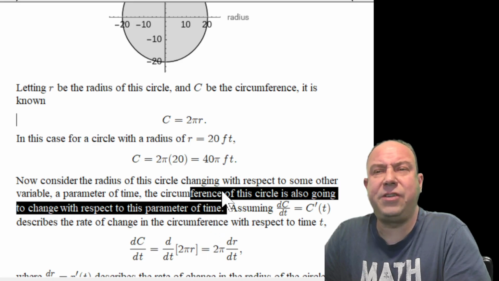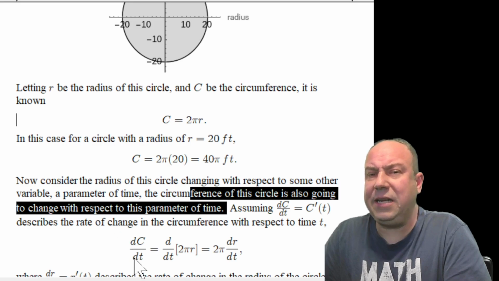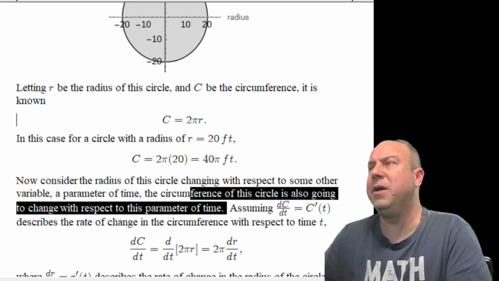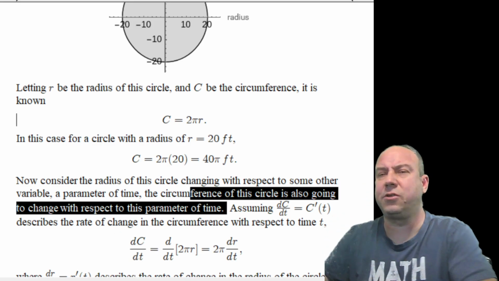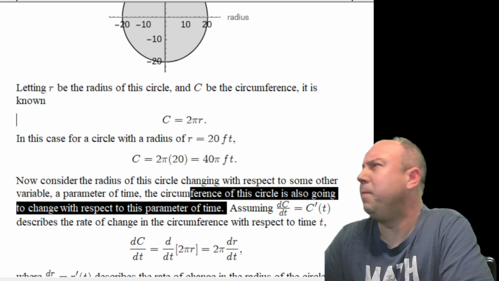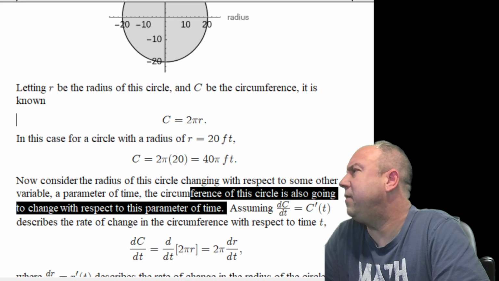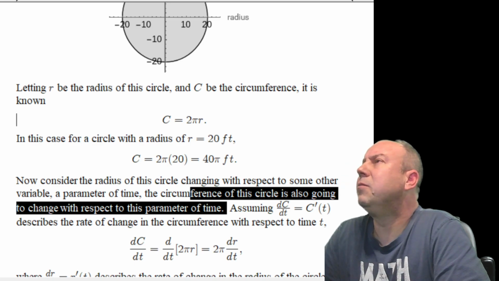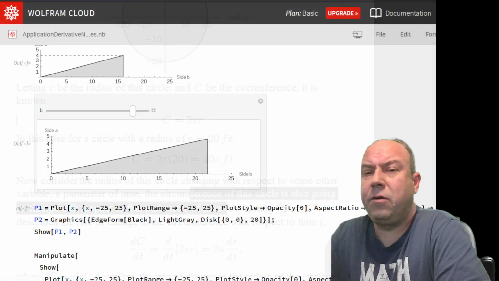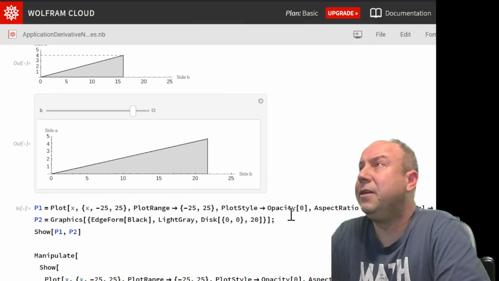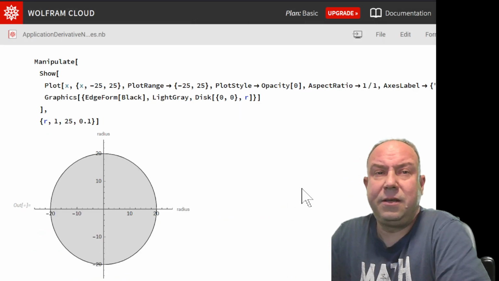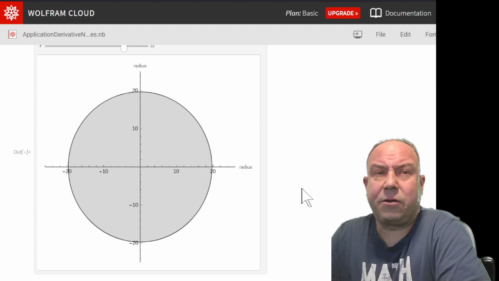If I change the radius of the circle with respect to time, the circumference is also going to change with respect to time. And I could illustrate that here. Let me see if I can do that. Let me go ahead and fade over into this and scroll down here.